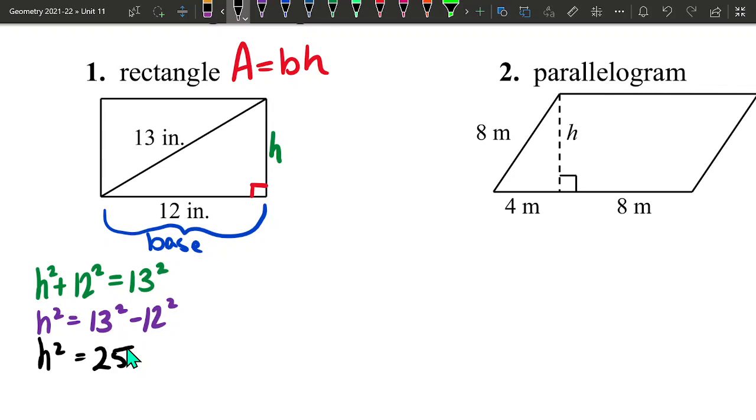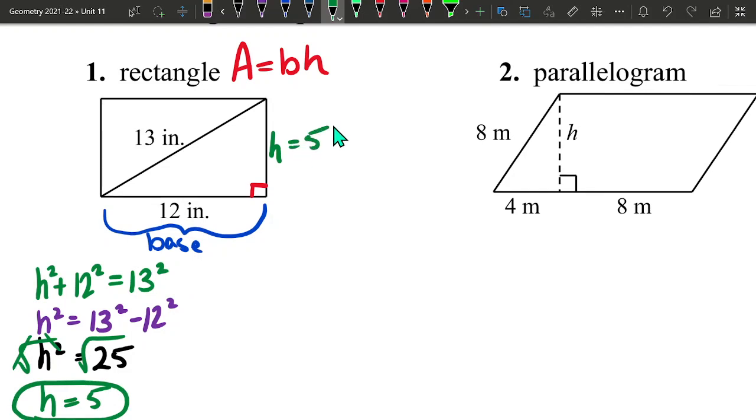I have to take the square root of 25. It's not just h squared. I want to get rid of the squared, so I take the square root of both sides. Square root, squared cancel out. So the height is 5, not 25. So h is 5.